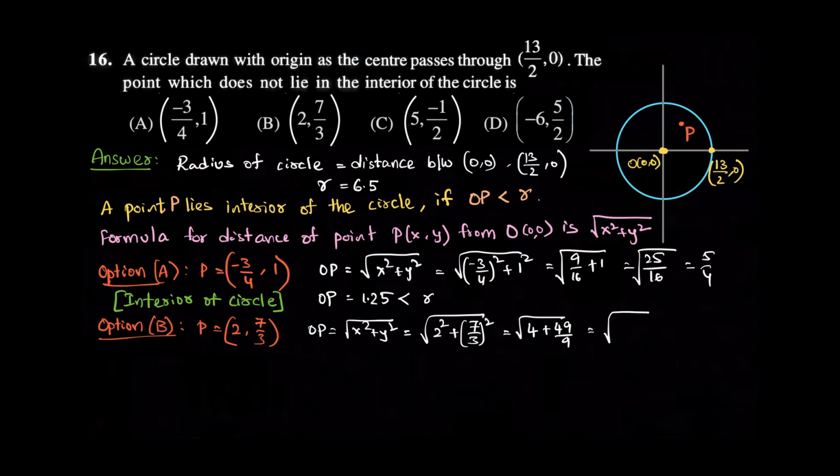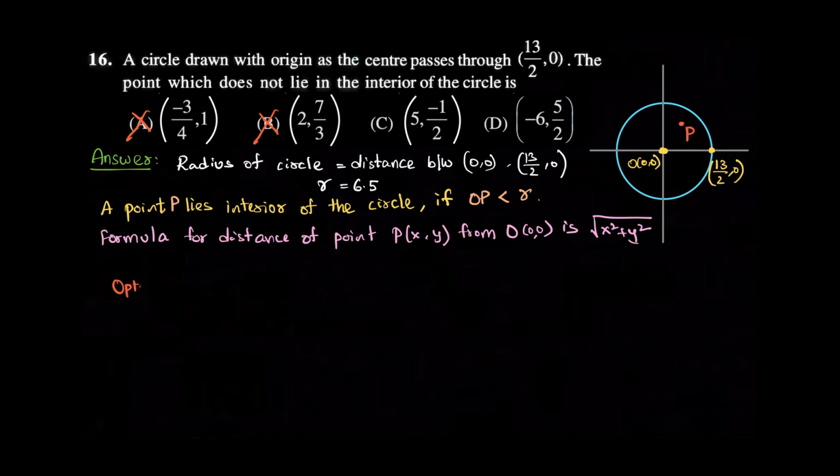If we take 9 as LCM, 9 times 4 is 36, and 36 plus 49 in the numerator is 85. That is the square root of 85, which is approximately 9 point something, divided by the root of 9 in the denominator, which is 3. Therefore, we get the distance OP as 3 point something, which is less than the radius of the circle, 6.5. Therefore, the point given in option B lies in the interior of the circle. Therefore, option B is also not a right answer.